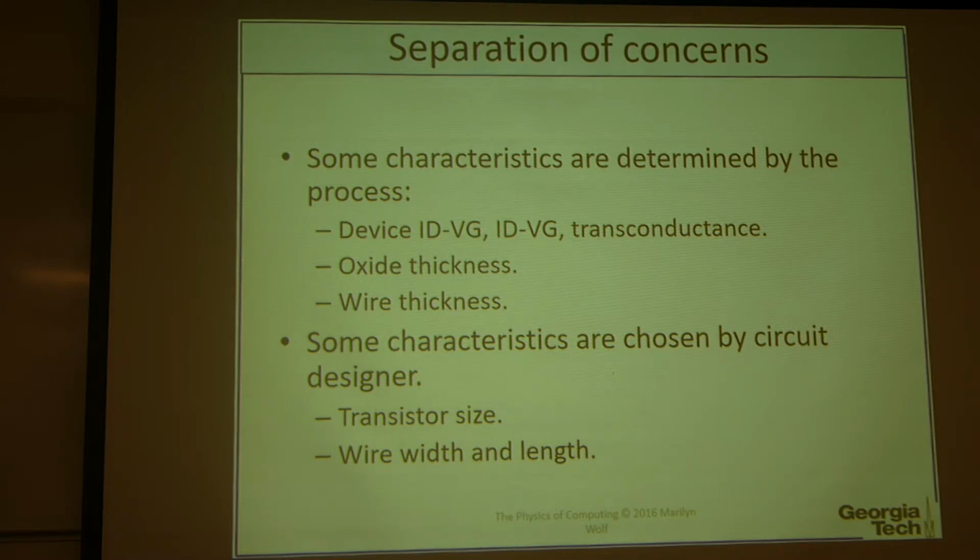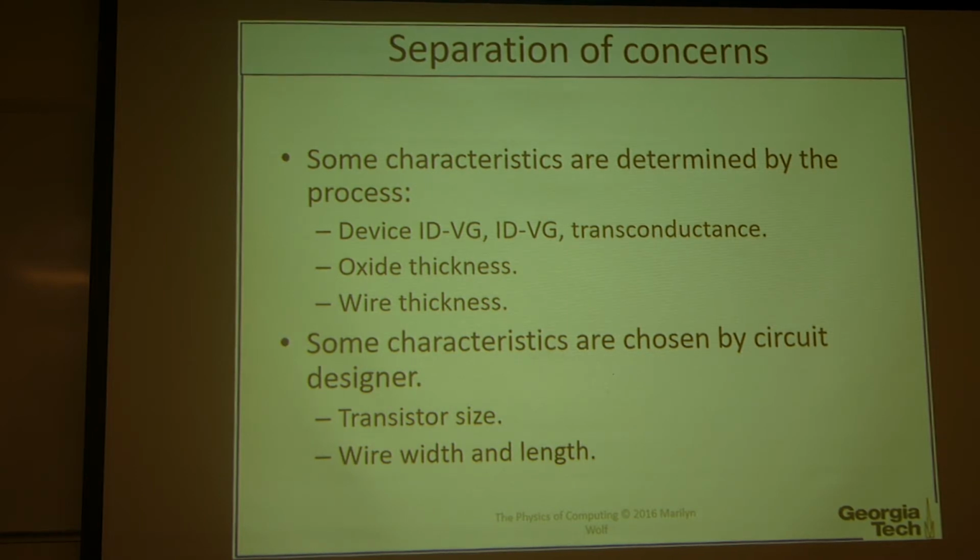For the first, we have process engineers, and the other we have the circuit designers. The process engineers mostly take care of the single device, like transfer curve or output curve or transconductance, and single device oxide thickness and wire thickness. On the other hand, circuit designers look at the transistor size and wire width and length.